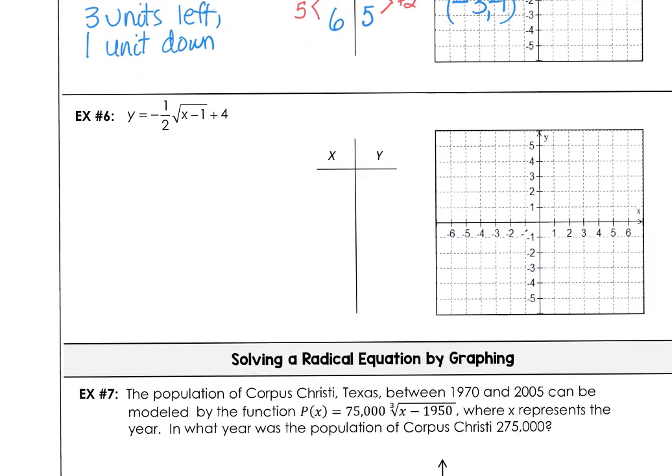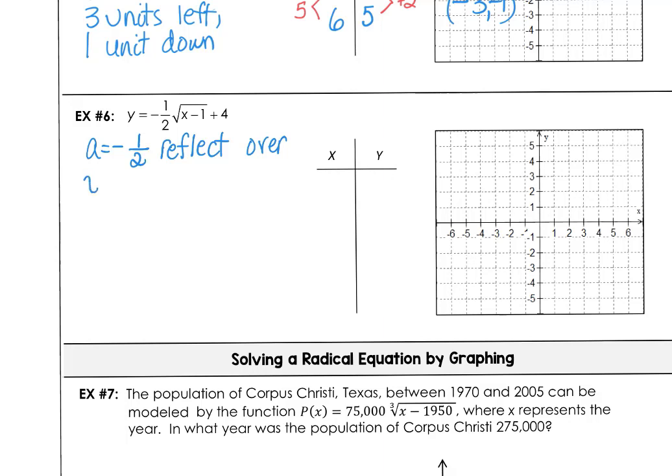And then our last one in the graphing here is going to be a little bit tricky because we've got a negative A value, and it's a fraction as well. So we've got everything going on there. The A value is negative, so it's going to reflect over the x-axis, but the fraction being between 0 and 1 is going to shrink our graph a little bit by a factor of 1/2.